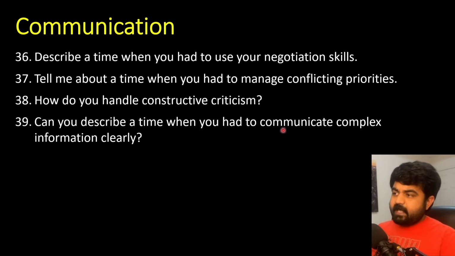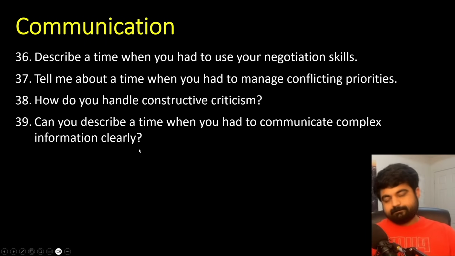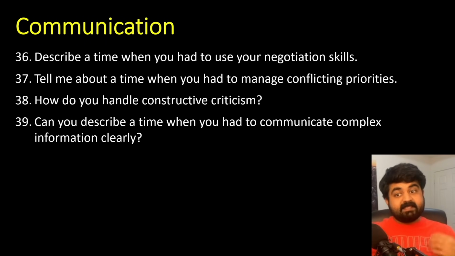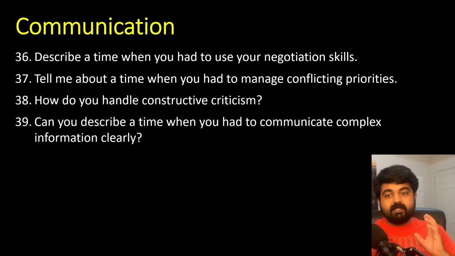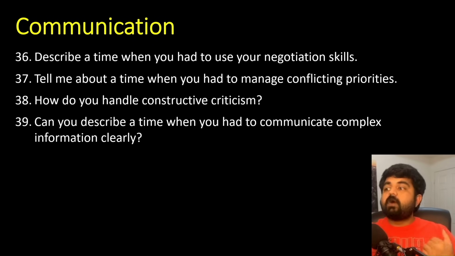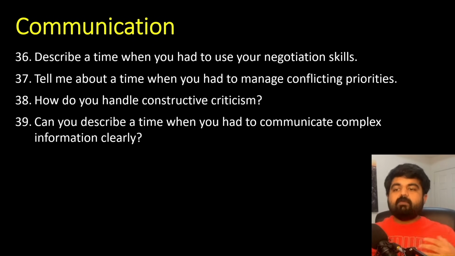Can you describe a time when you had to communicate complex information clearly? Maybe there are some exact requirements that need to be met. Maybe you need to convey the message to different teams and you want to ensure that the integrity of information remains constant. They all understand. So how do you do that? One approach is, you explain what you are showing, you write it down, have a SharePoint, share it with everyone.